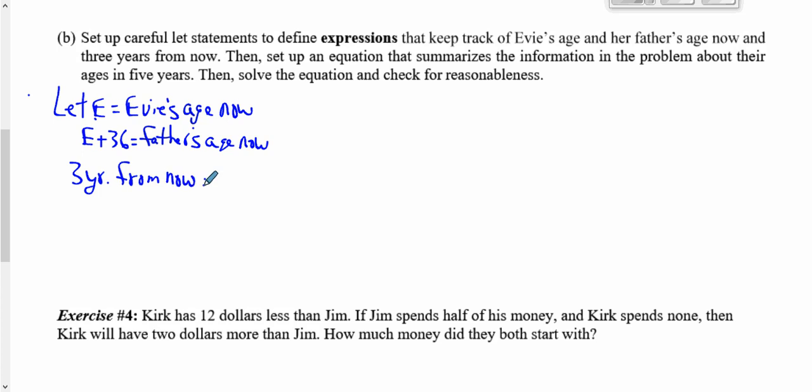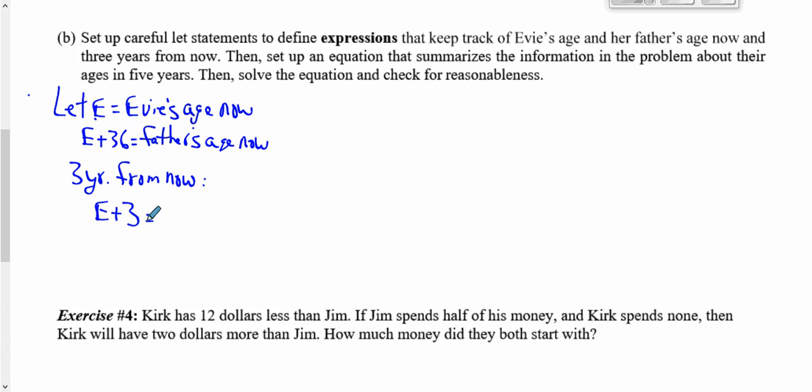Evie's no longer E years old. How old is she? Why do you guys keep doing multiplication? E plus 3 equals, her father will be what? 36 years older than E, right? Going to be E plus 36.